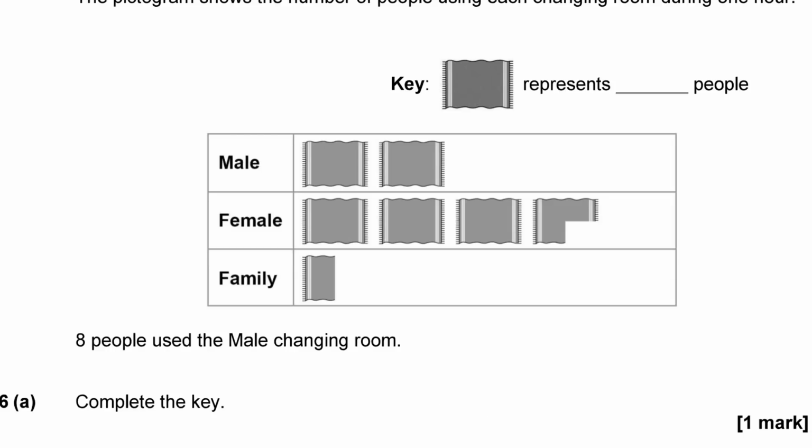So these 2 here, this one and this one, represent 8 people. So that means that each one of those must be 4 each, mustn't it? So 4 and 4 make 8. So our towel represents 4 people. So I've completed the key, so I've done that bit.